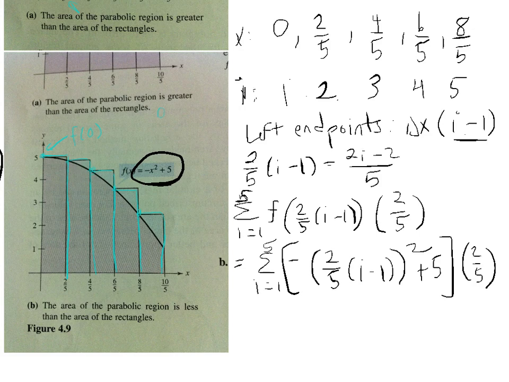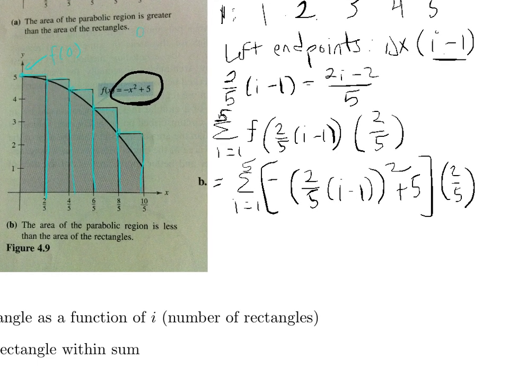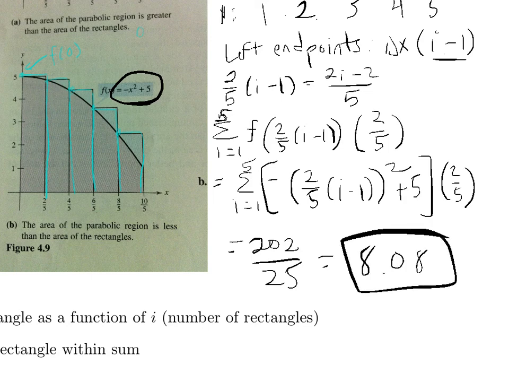Again, I'm not going to go through all the algebra to simplify this and find the sum, but our final answer is 202 over 25, or 8.08. And that's our upper rectangles, the ones that are above the curve.